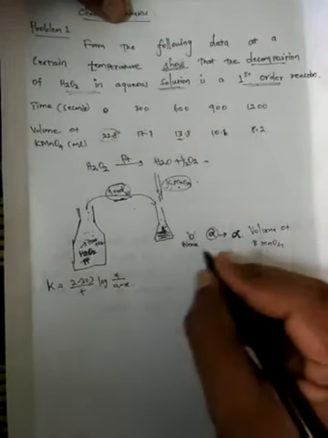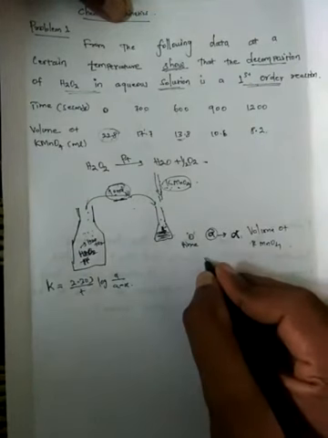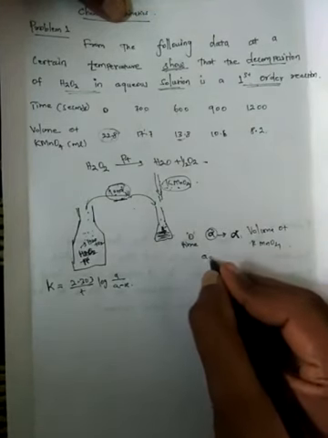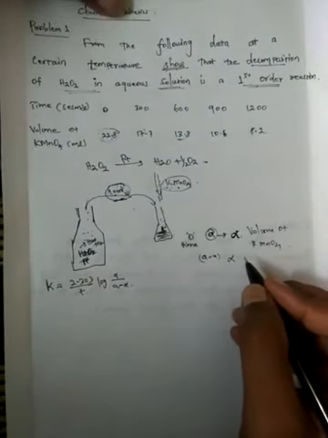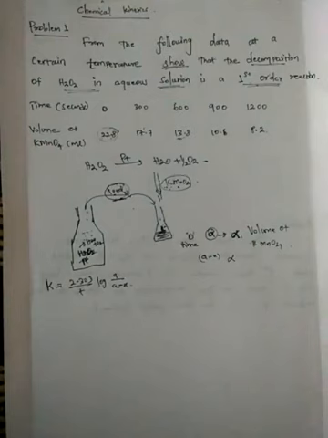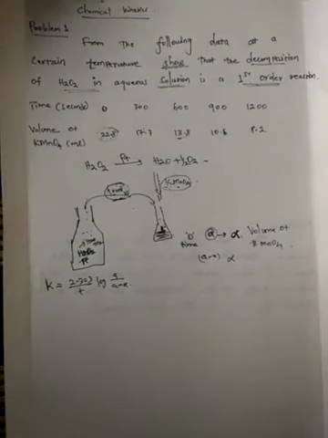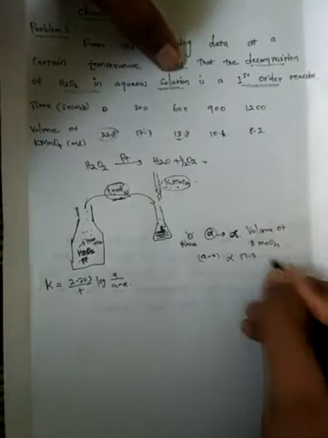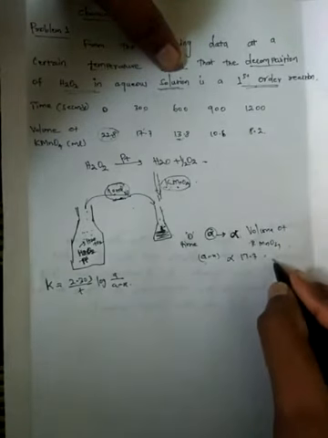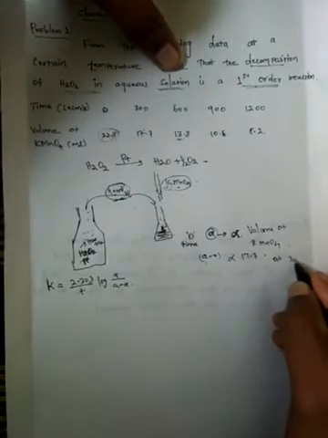And at various times, A minus X is directly proportional to the volume required. A minus X is directly proportional to 17.7 ml at 300 seconds.